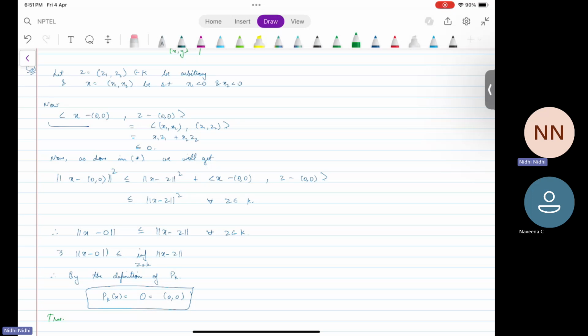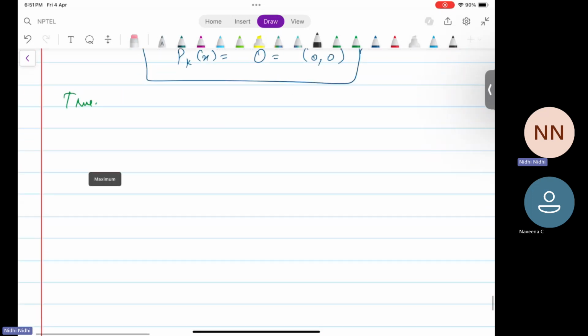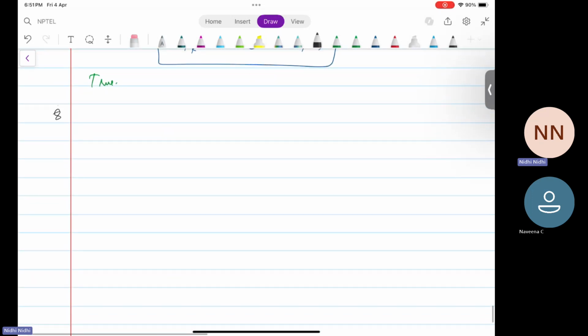Okay, if you do not have any doubt, we can move to the next question. Let H be a Hilbert space. Hilbert is a name, so I should have H capital.